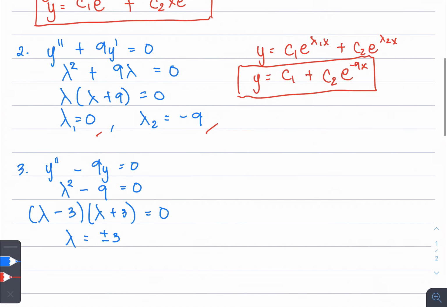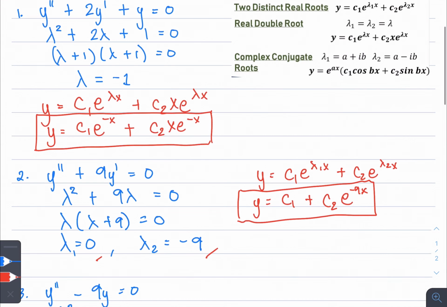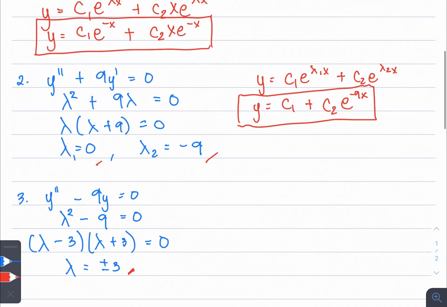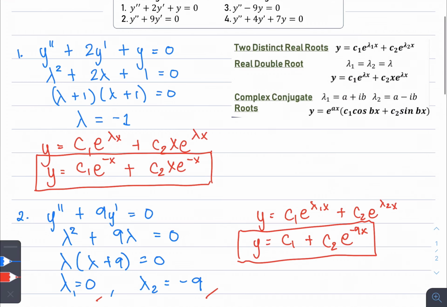So for this case, we have two distinct real roots, positive 3 and negative 3. So again, we will follow this format.